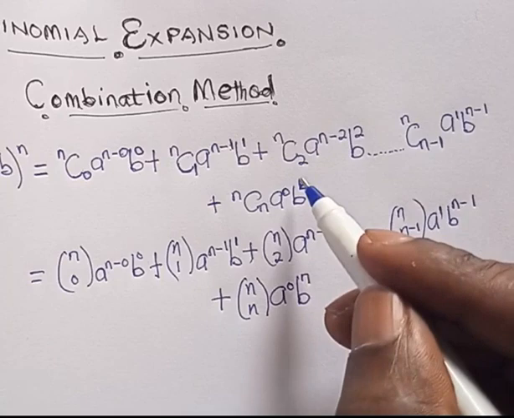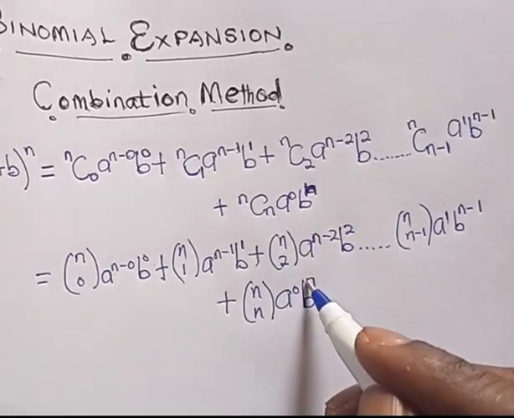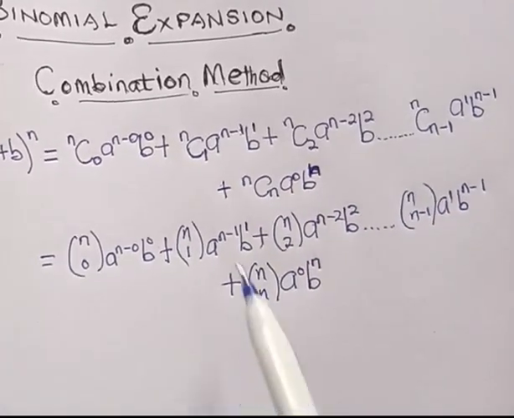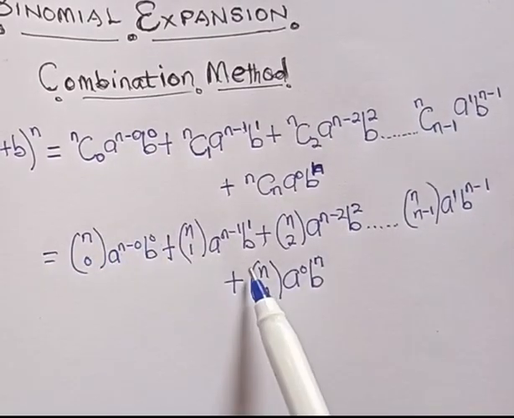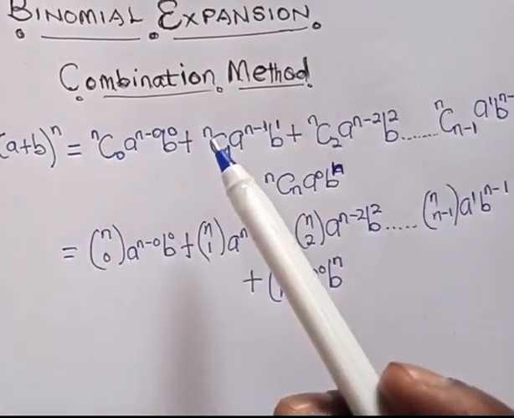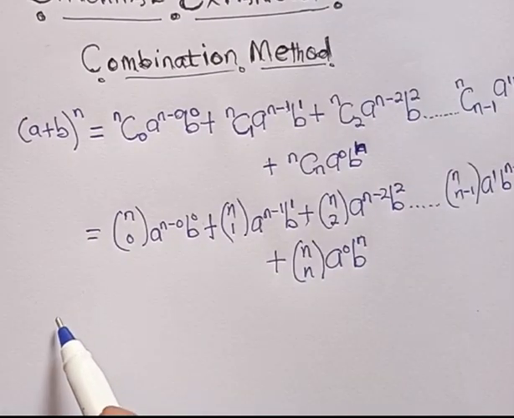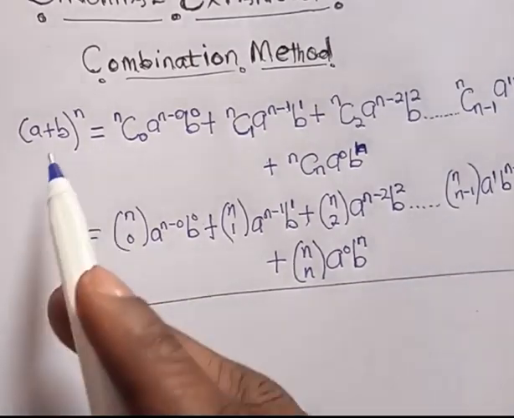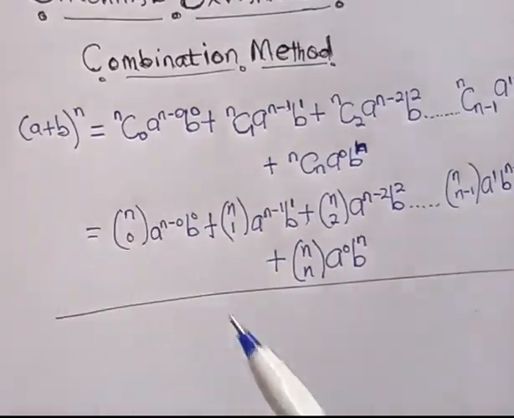Let me do this correction here. Here is supposed to be n, not b. So here is also n. If you don't see this, you may see this. Have you got it? They are all the same. If you see this, we are still talking about the combination. If you see this, it is still combination. So this is how we can use the combination method to expand a binomial.